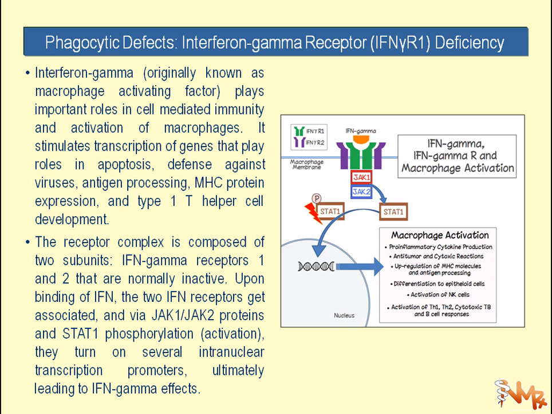These cytokines may have pro-inflammatory function, they have anti-tumor and cytotoxic functions, they may upregulate the MHC molecules and antigen processing, they cause differentiation of the macrophages to epithelioid cells, they cause activation of the natural killer cells, and they cause activation of the T helper 1, T helper 2, and cytotoxic CD8 lymphocytes and B cells.